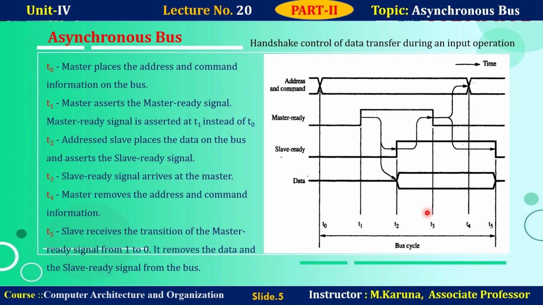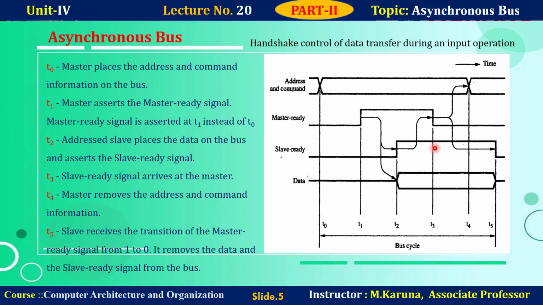At T3, the slave ready signal arrives at the master, which indicates the availability of data on the data bus. At the same time, the device interface places the data on the data bus. After some delay, the master strobes the data into its input buffer.